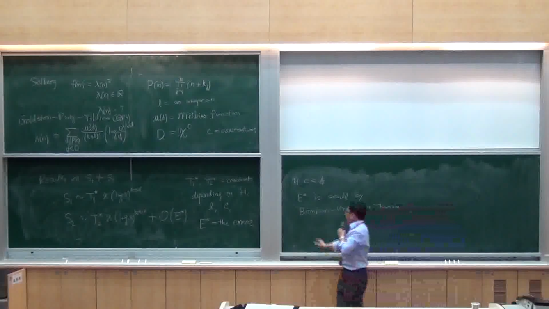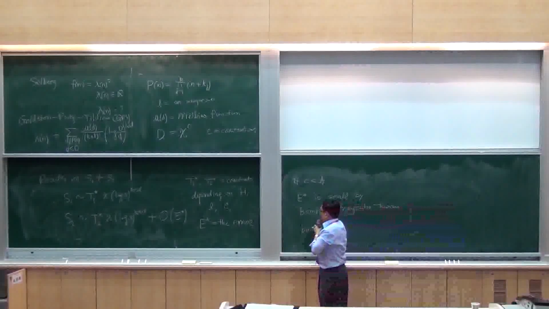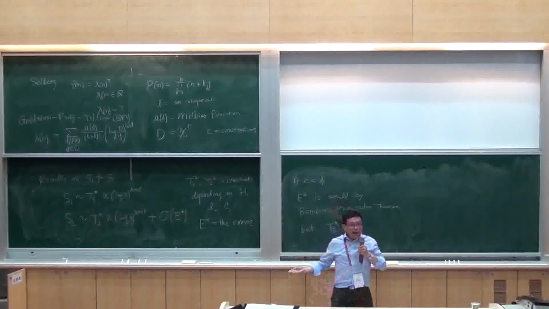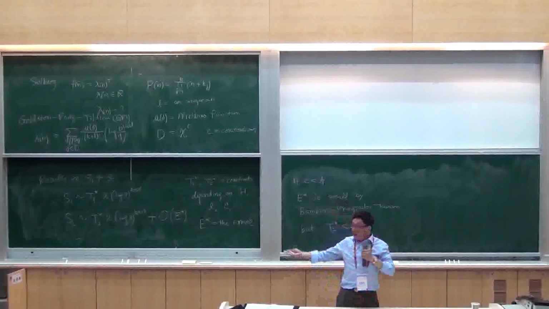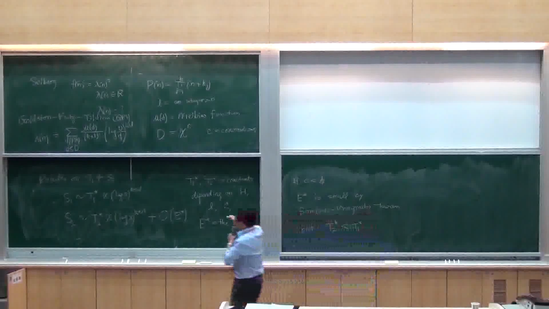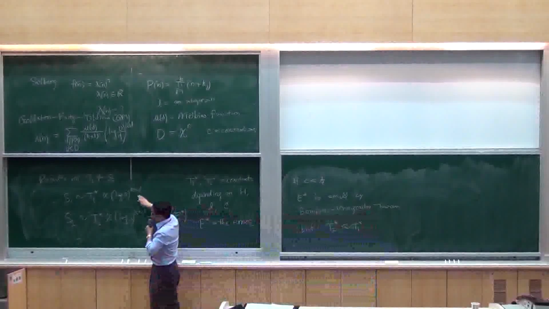But T2 star is less than T1 star. We are able to evaluate both these two sums. S1 is simpler, so I didn't even write down the error terms here. It should be very simple.